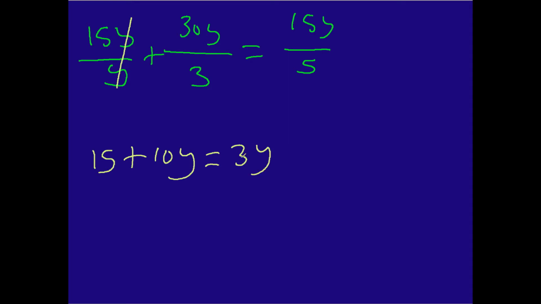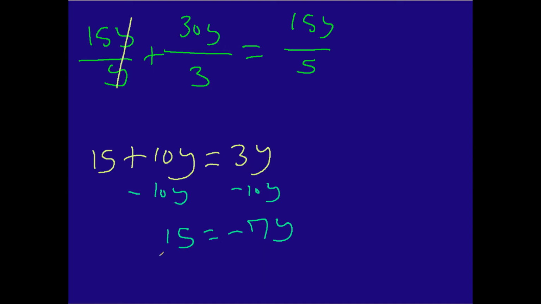Now you can see we just have a basic general equation. There's nothing fancy to be said about this. To complete the process, we just subtract 10y from both sides, and we have 15 equals negative 7y, because we subtracted 10y here.